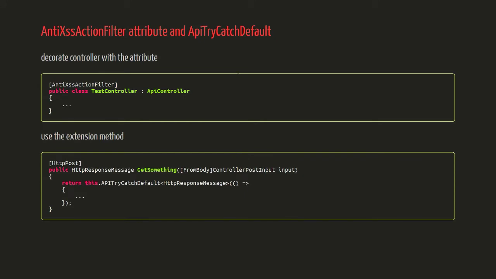And also remember to use the extension method in a correct way inside your controller methods. ApiTryCatchDefault validates input parameters and catches domain exception, in addition to all other types of possible exceptions.